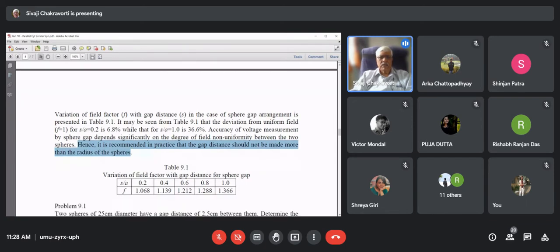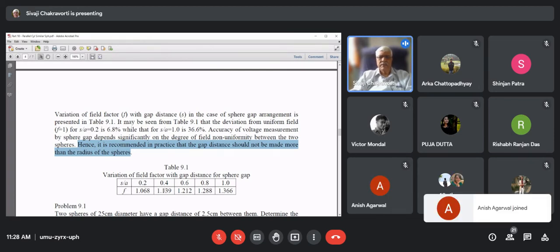Why? Because if S by A is 0.5, then from the following table, you can see that this field factor will come out to be something like 1.15. Oh sorry, I made a mistake. This field factor F equal to 1 is actually the uniform. So 1.15 is around 15%.